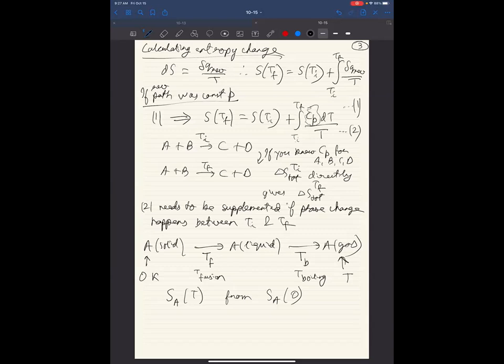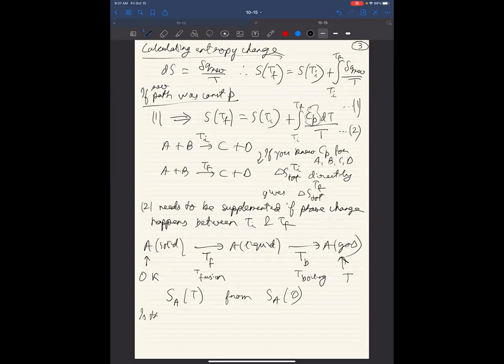And I would use different values of Cp: until the temperature it was solid, I would use the Cp for solid. When it was liquid, I would use the Cp of liquid. When it was gas, I would use the Cp of gas, right? So I would write this down.